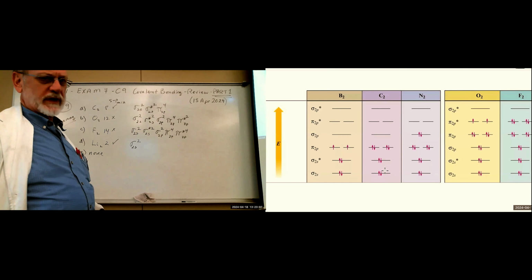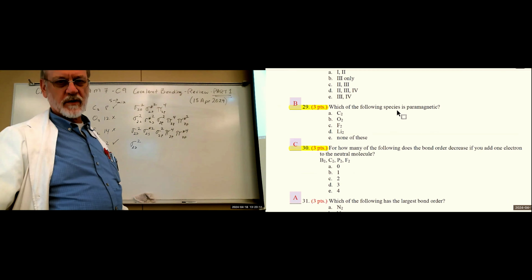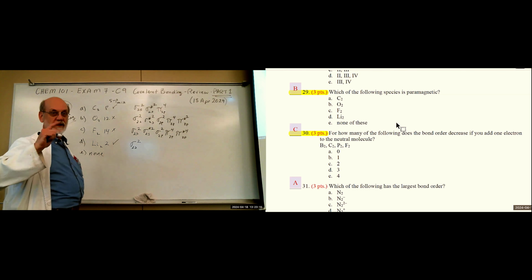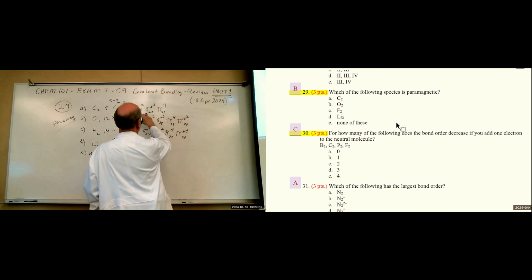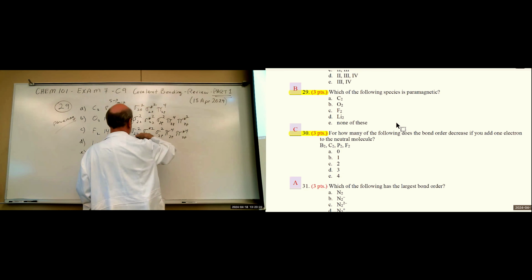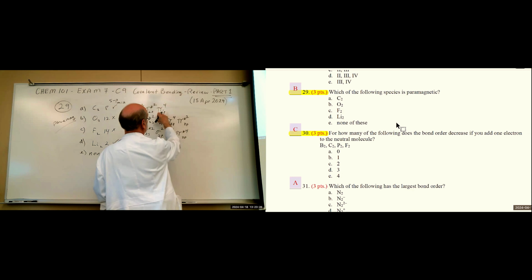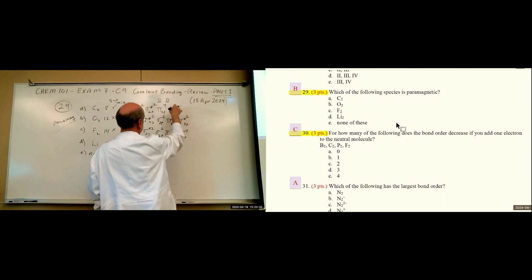All right, better go back to 29, huh? Here we go. Which of the following species is paramagnetic? We need unpaired electrons. Right? So carbon, these are paired, these are all paired. How about these? Paired, paired, we got 4 here, right? Those are all paired, right?